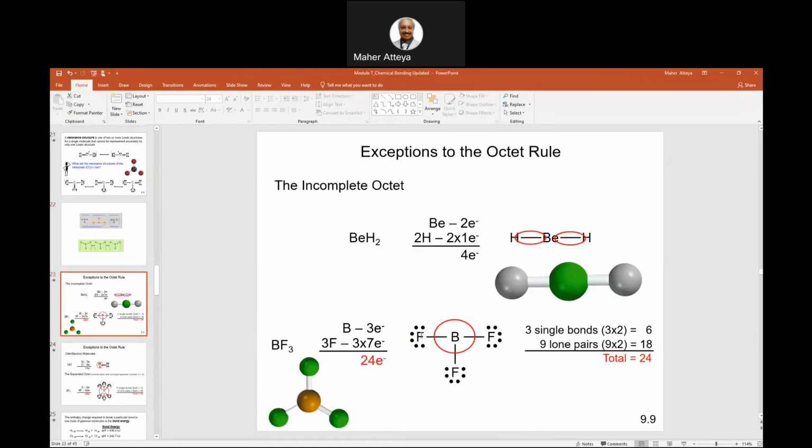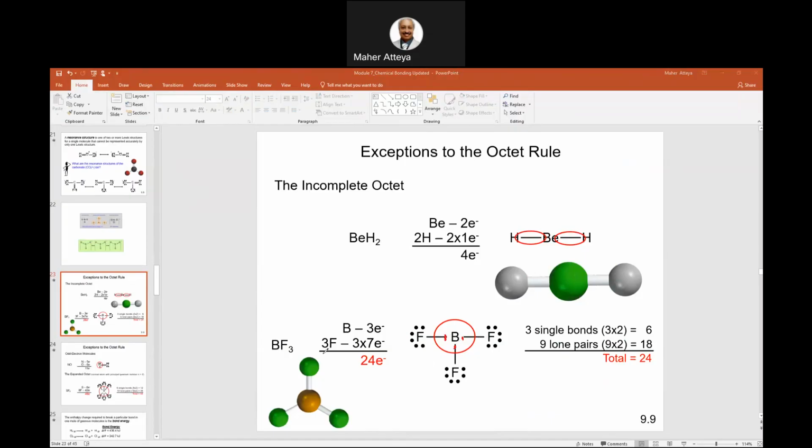Like here, boron trifluoride, look at this. Boron trifluoride cannot have 8. How in the world do you fit 8? You cannot fit 8, because boron, in the third group, has only 3 valence electrons. You cannot fit more than that on the boron.